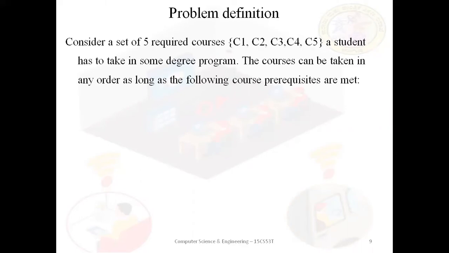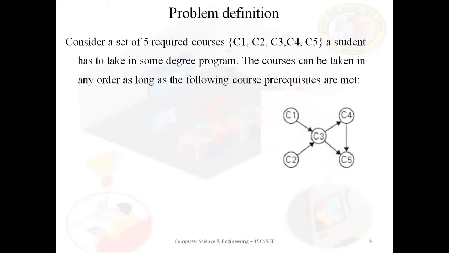Now let us look at one of the problem definitions that can be used for solving topological sorting. Assume that there is a set of 5 required courses, namely C1, C2, C3, C4 and C5, that a student has to take in some degree. The courses can be taken in any order as long as the following course prerequisites are met.